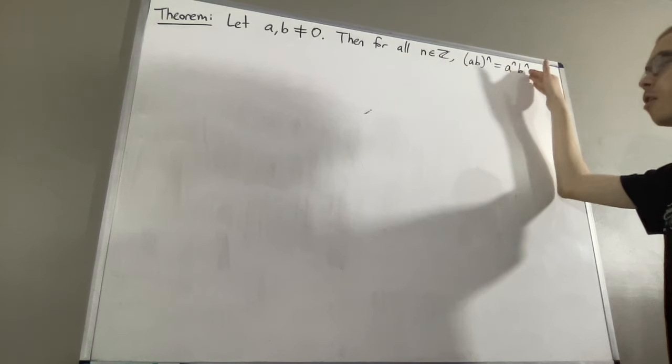So now we're going to talk about how we will extend our definition of non-negative integer exponents to include negative integer exponents. To do that, we are going to be using the concept of the reciprocal of a non-zero real number. Now, a common notation to represent the reciprocal of a non-zero real number is with a superscript of -1.